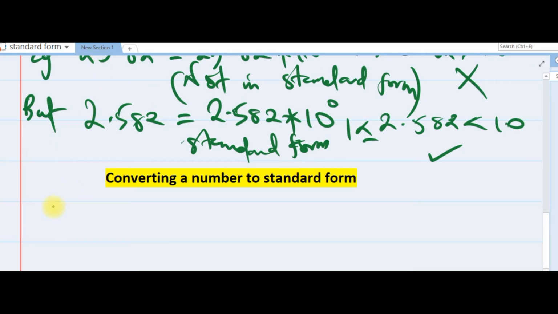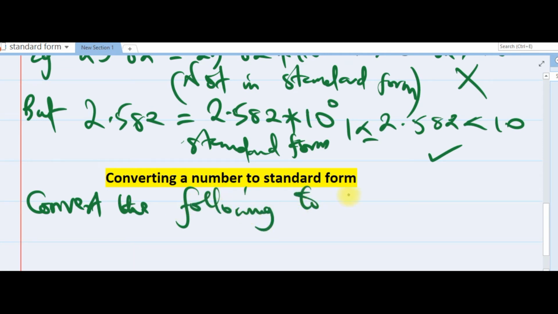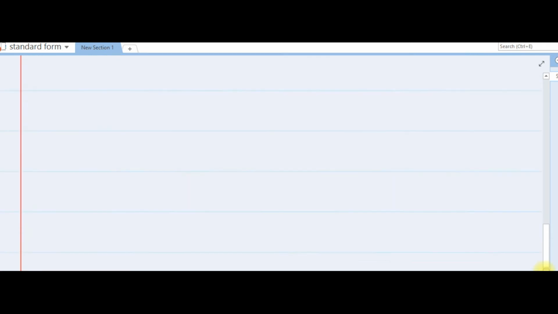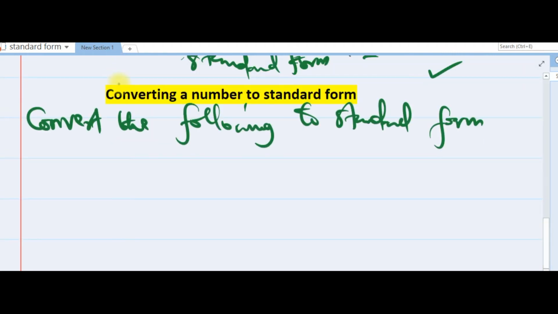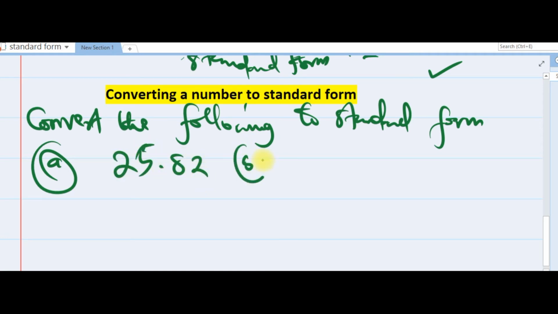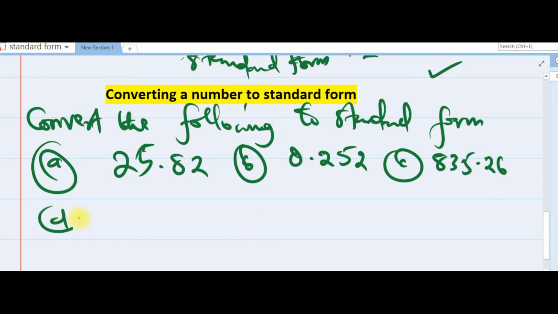Example, if you are asked to convert the following to standard form, maybe this first one, 25.82, maybe 0.252, maybe 85.26, and maybe 0.0083.